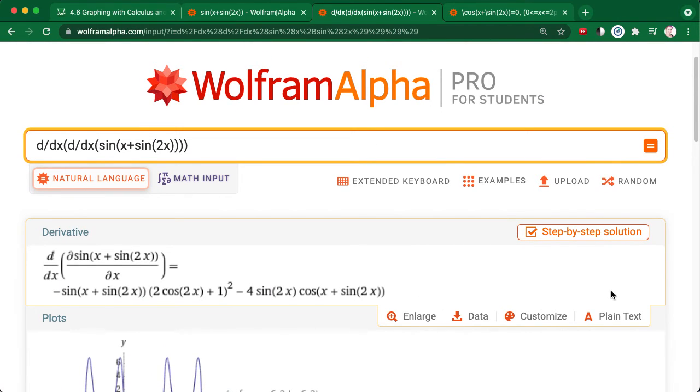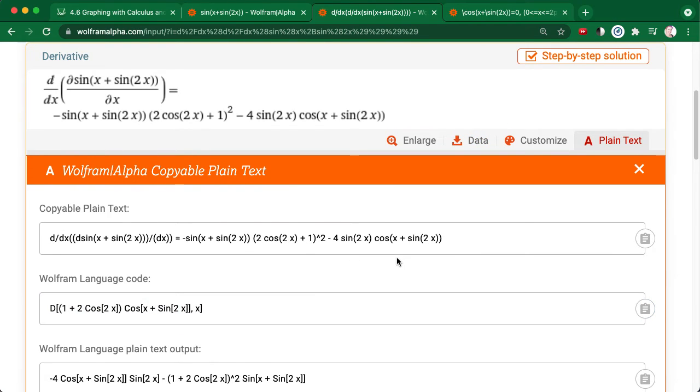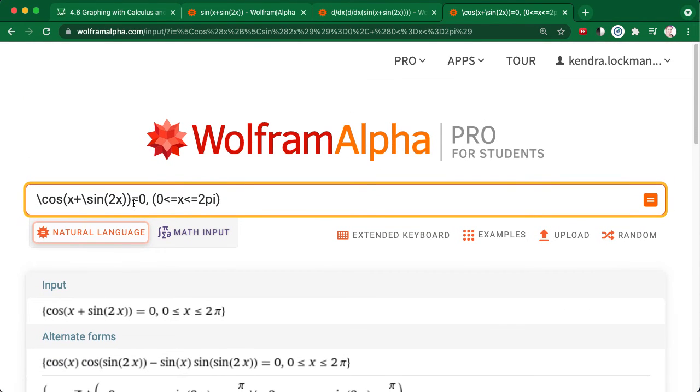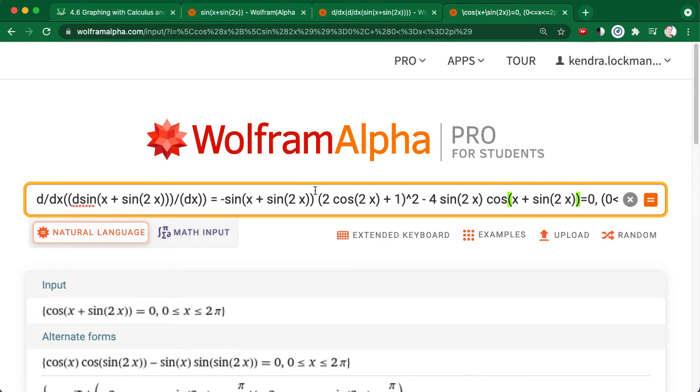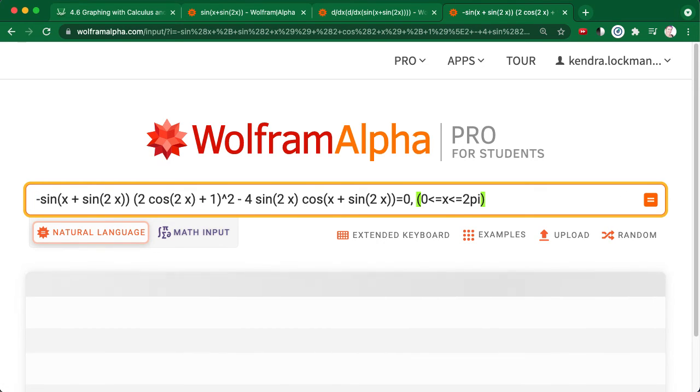Let's go ahead and take this plain text. And I'm going to look at where this equals 0, and I'm going to take away all of the equals so that where that stuff equals 0 from x going from 0 to 2 pi.